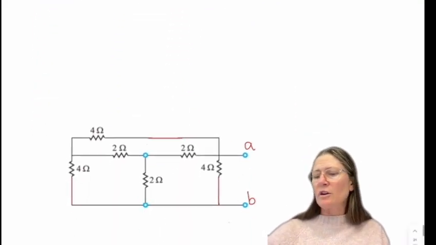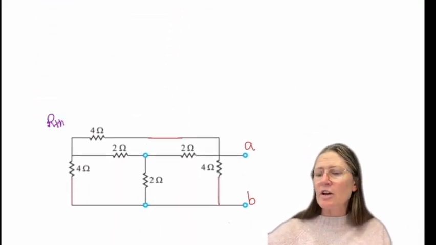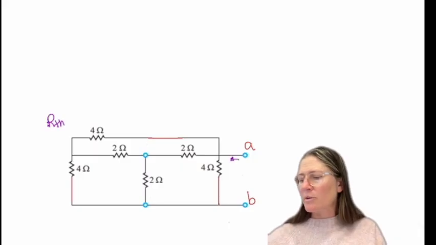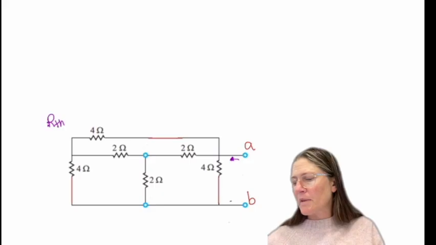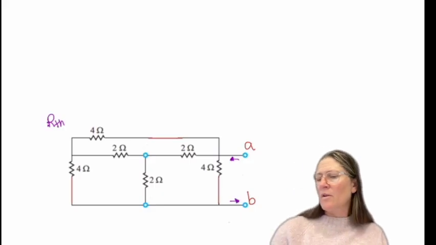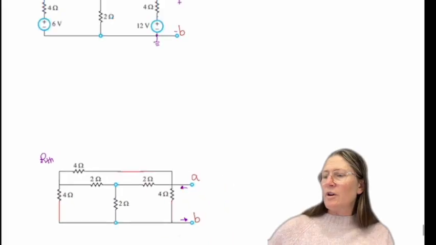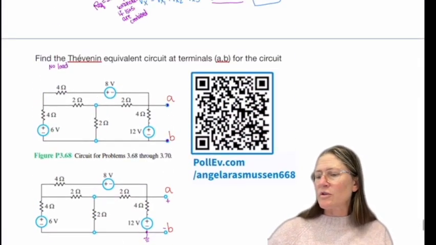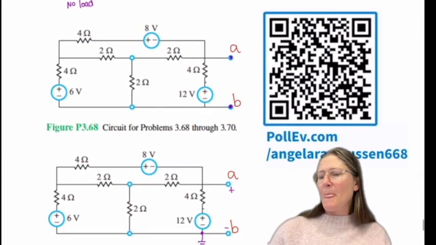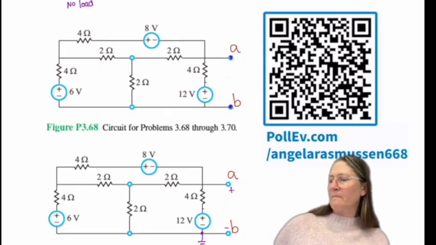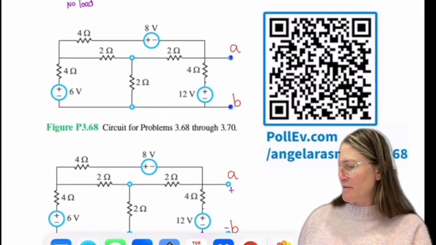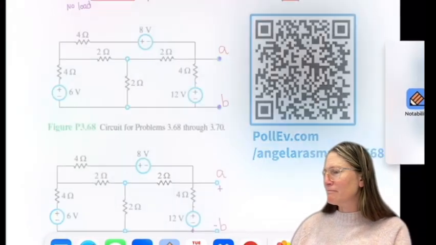And then you're going to find RTH as the equivalent pathway from A to B. All right, so take a minute to solve for this one. I'm going to figure out what's going on with my math on this one.